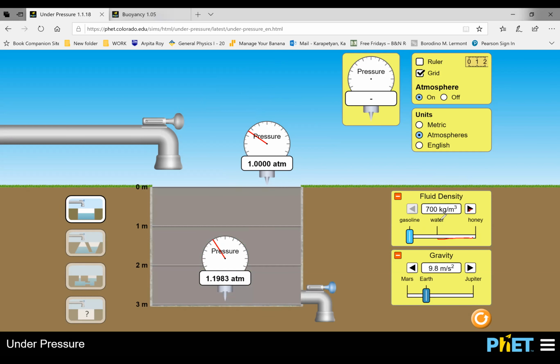Let's say I have gasoline, which is 700 kilograms per cubic meter, and the pressure decreases. It's still greater than atmospheric pressure, but it's less. If I go to honey, which is more dense than water, then pressure actually increases compared to water, which is 1,000 kilograms per cubic meter. All right, that's good enough.